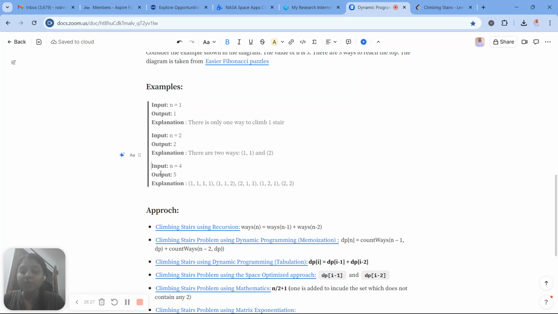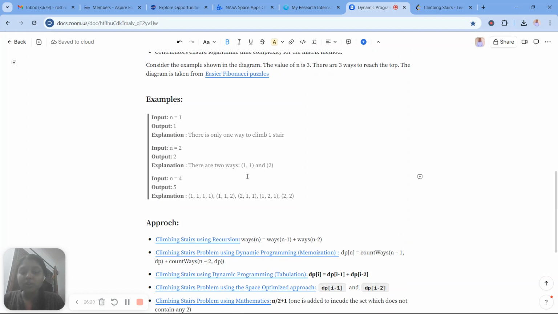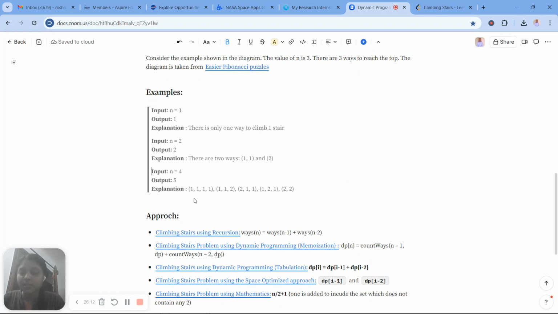Now if n equals 4, the output is 5. How? You can go one step, then second, third, and fourth step: 1, 1, 1, 1. Then 1, 1, 2, where you go directly to the fourth step.